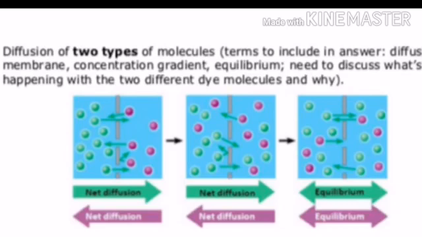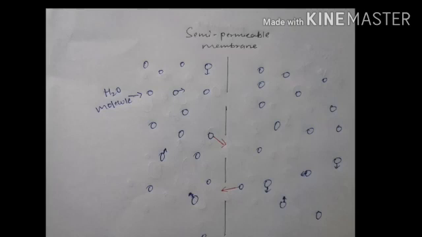Now, another way of transport across the cell membrane is through osmosis. So let's see what osmosis is. Let's say that I had two compartments of water and they are separated by a semi-permeable membrane. Here this line is a semi-permeable membrane. So what do I mean by semi-permeable membrane?